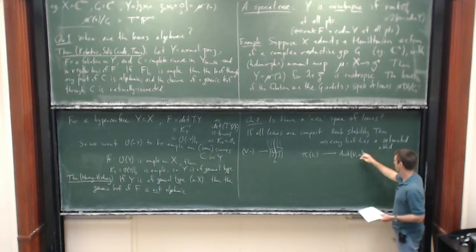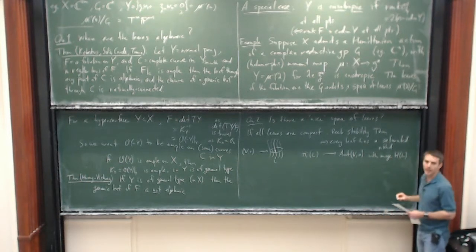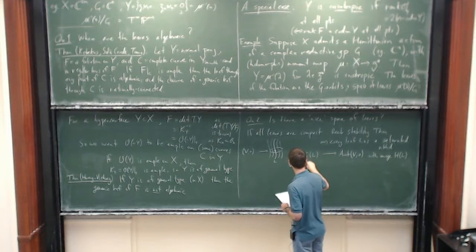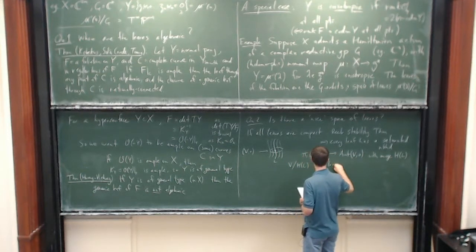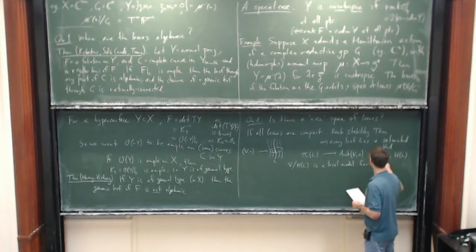It has some image in here, which is known as the holonomy group H_L. And then V mod H_L is a local model for the space of leaves.